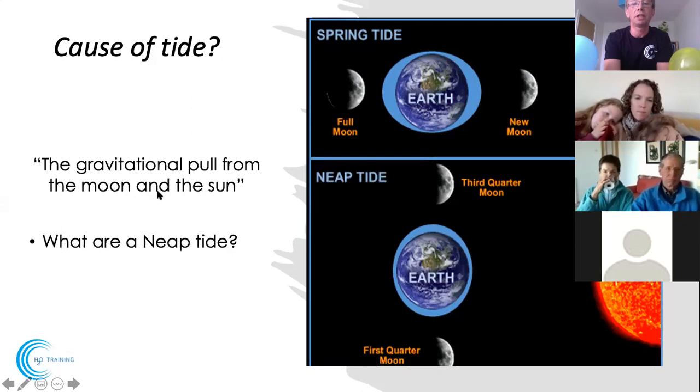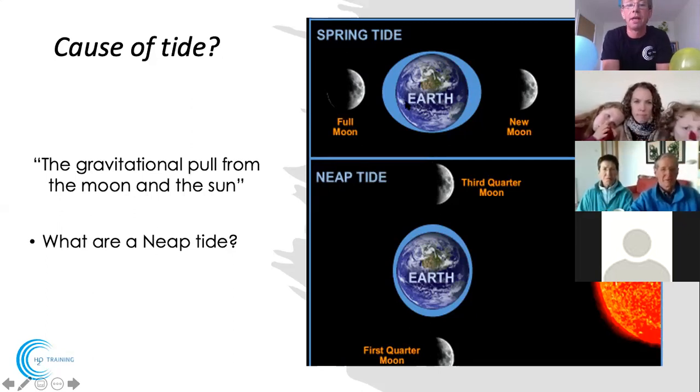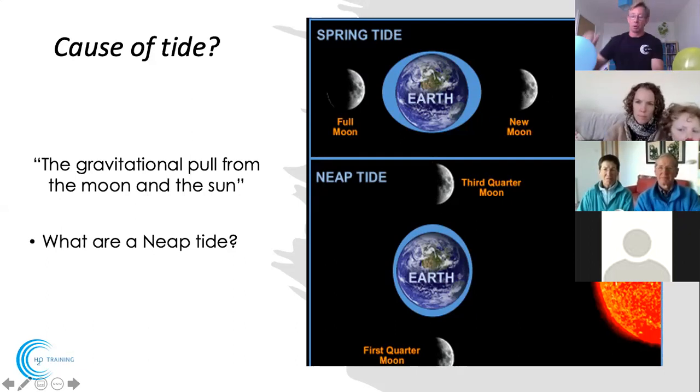Now, when we look at this on the diagram here on the screen, you can see that if we have the sun on this side, and we have the moon on this side, the gravitational force is greater because they're both together.